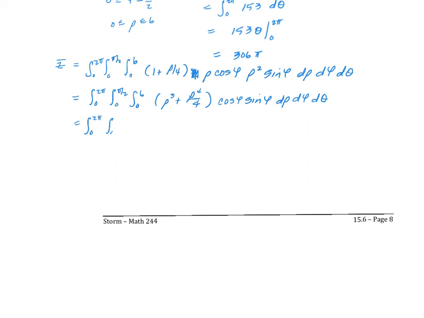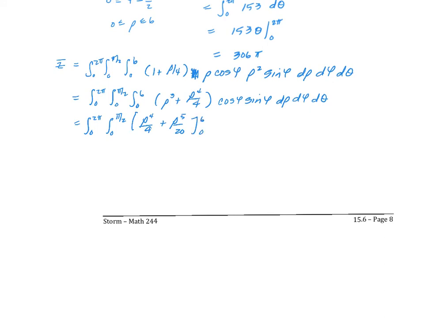Okay, so the integral with respect to rho would be rho to the 4th over 4 plus rho to the 5th over 20.